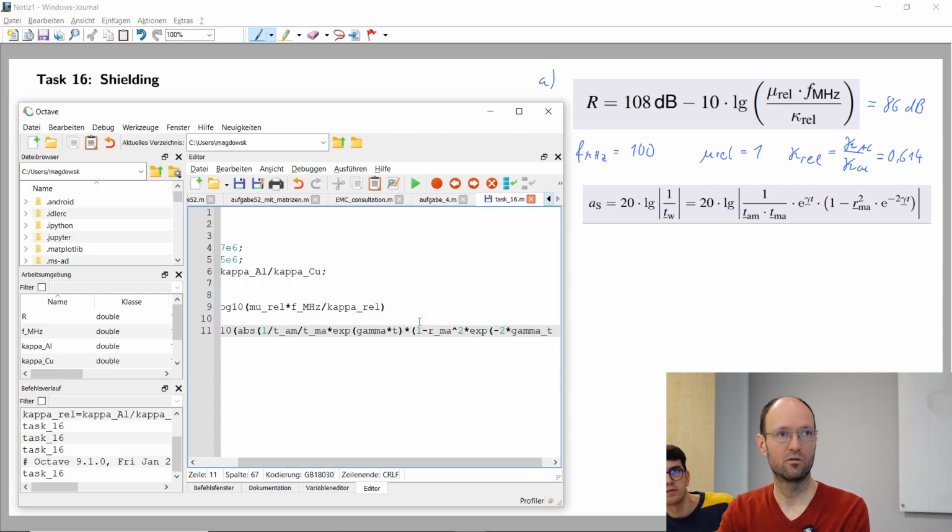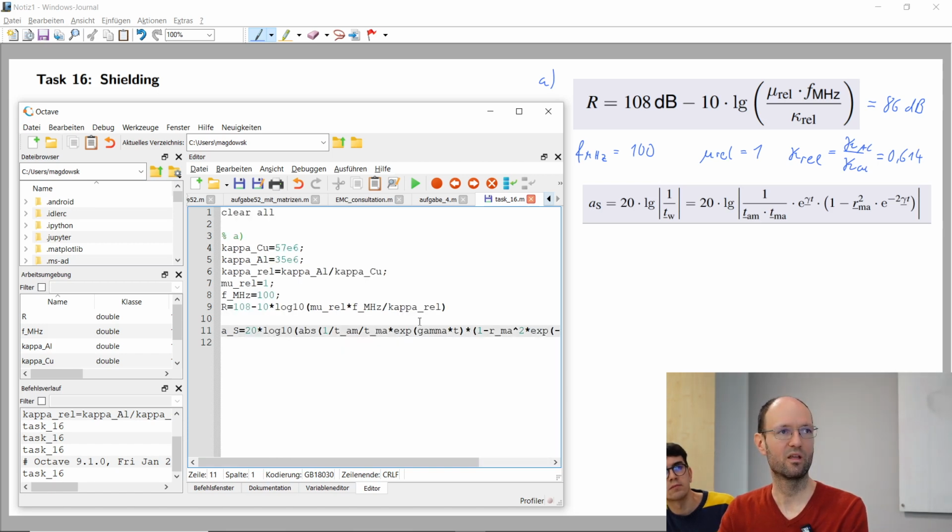And times t, good point. This closes the parenthesis, this closes the absolute value, and this closes the decadic logarithm, and the last one would be wrong. Okay, so now we have the exact formula.